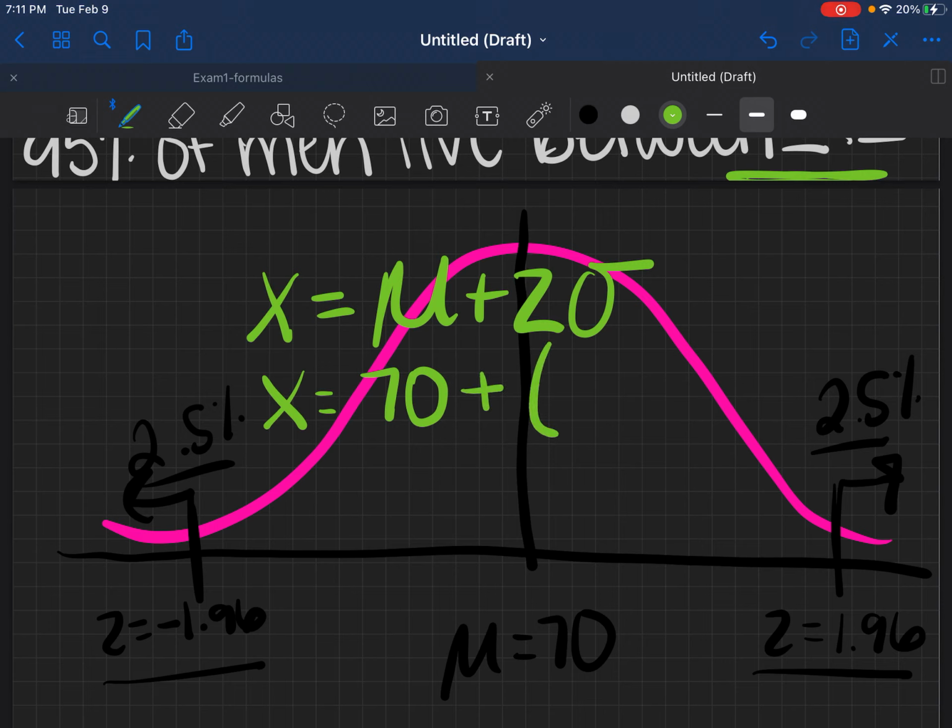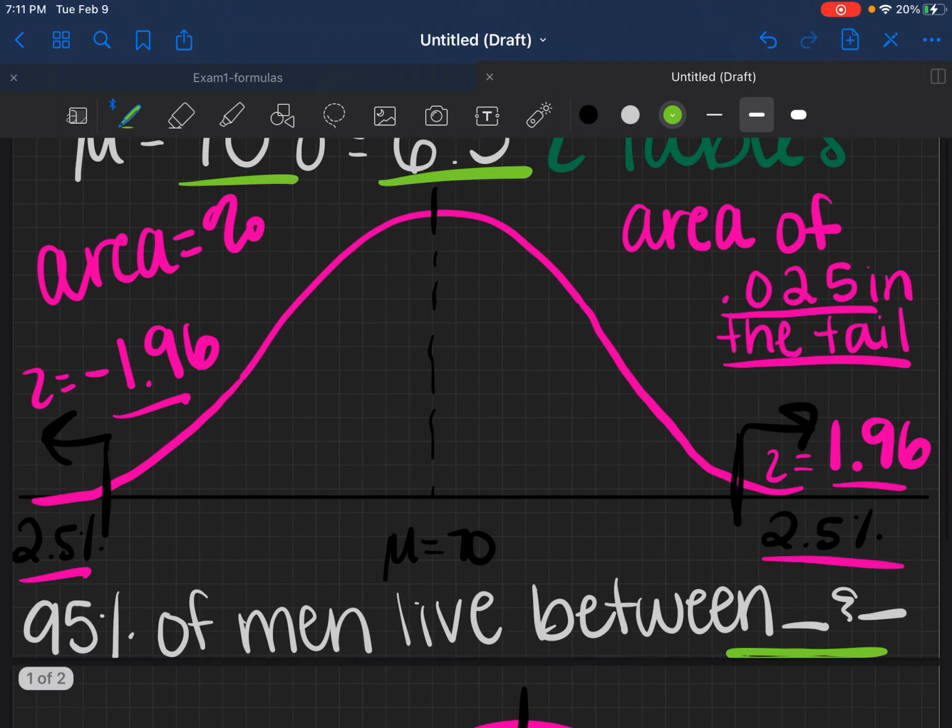I think I said the lower just now, so we'll use the negative one. So we're going to do negative 1.96 times our standard deviation, which we were given is 6.3.